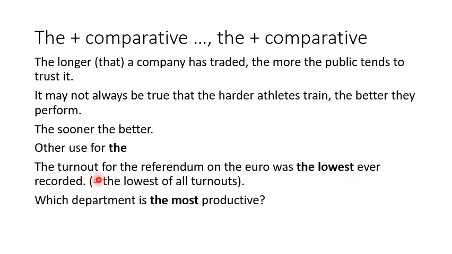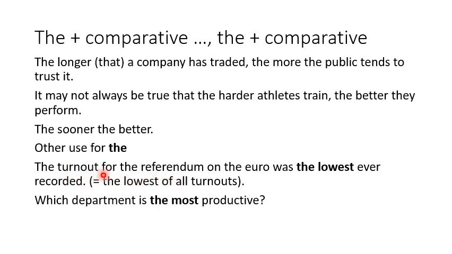The turnout for the referendum. Let me explain what's the meaning of a referendum. Referendum is the process when the people are asked to give their opinion about something. For example, in 2015, there was a referendum in the UK asking the people either to stay within the European Union or exit the European Union, and the people preferred to exit from the European Union, which is called Brexit.